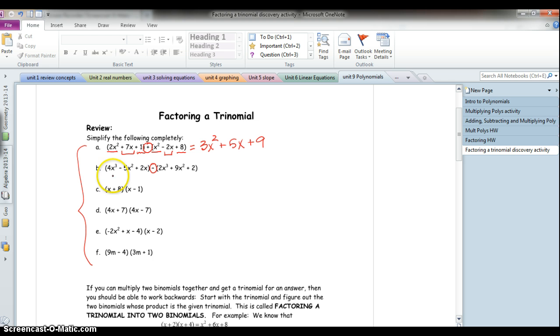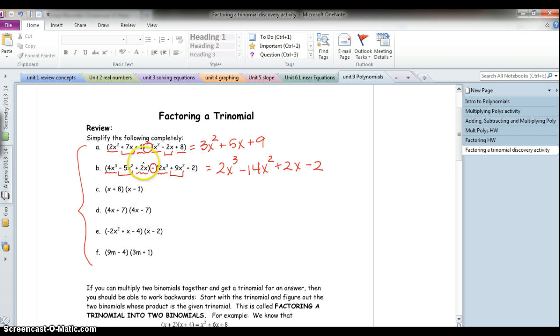So for this one, you can only subtract the like terms. So that would be 4x cubed minus 2x cubed, which is 2x cubed. That'd be negative 5x squared minus 9x squared, which is negative 14x squared. And then you've got your positive 2x, and then you have your minus 2 at the end.